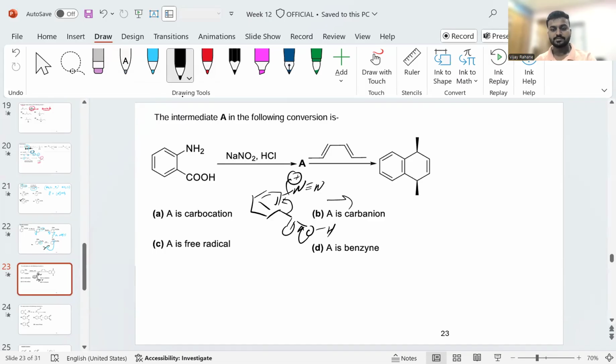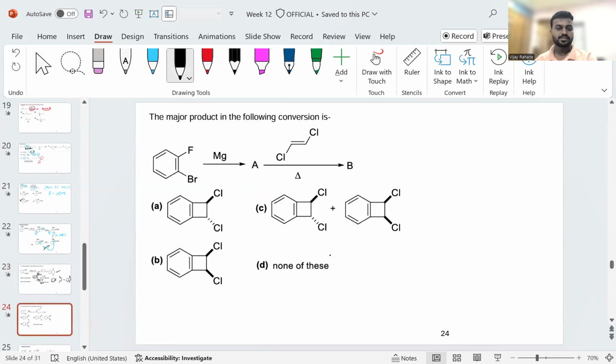So it forms the benzyne intermediate, and when this benzyne intermediate reacts, it gives the formation of this product. So the intermediate is the benzyne intermediate. Option D is the correct option here.